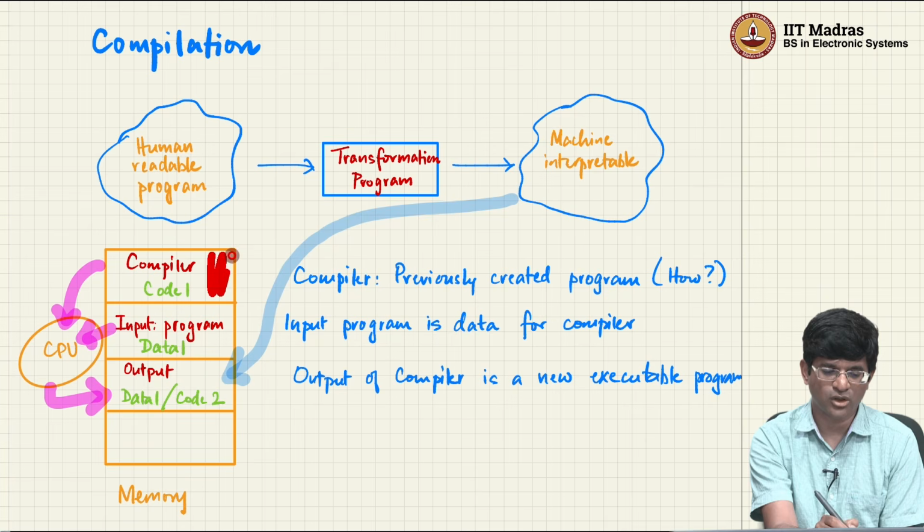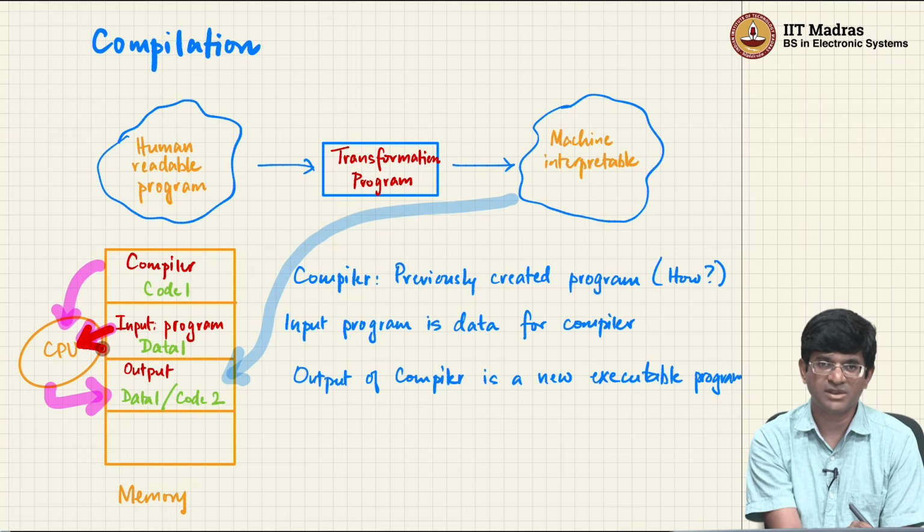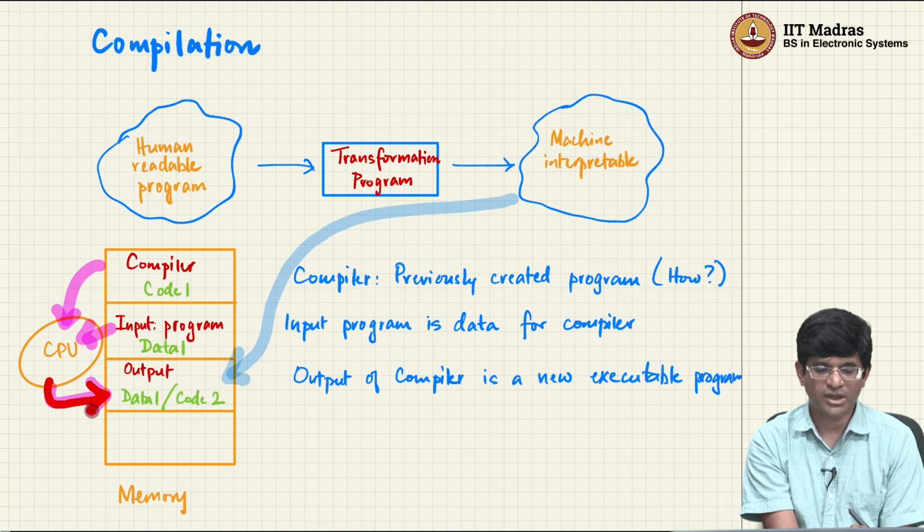So this part of it already has an executable program created by someone else. What the CPU will do is read in those instructions in turn, and say, okay, fetch data from this part of the memory, which I know is where a program is stored, and will finally generate new output. What is that new output?